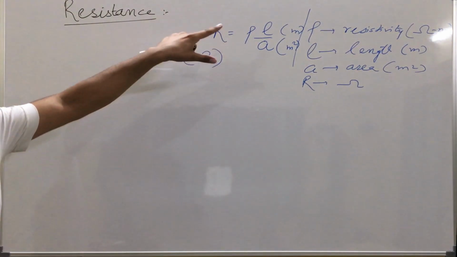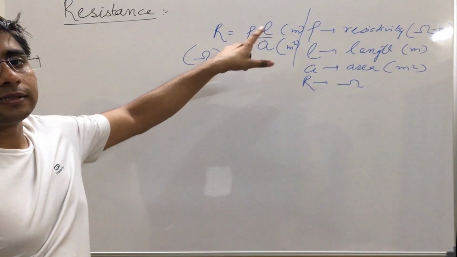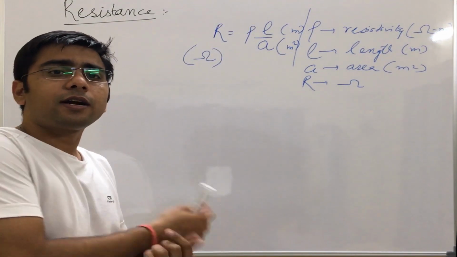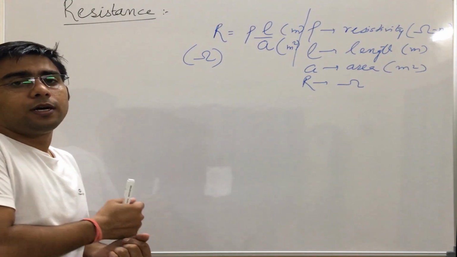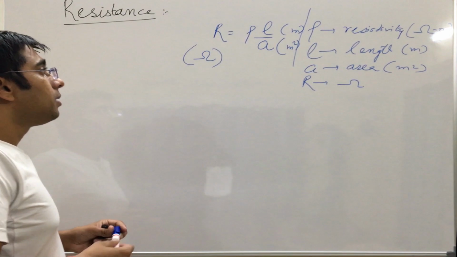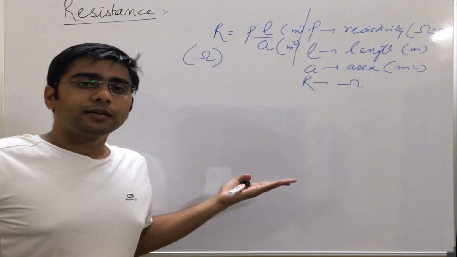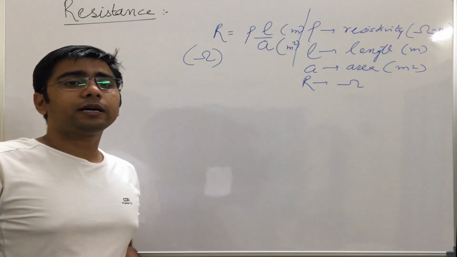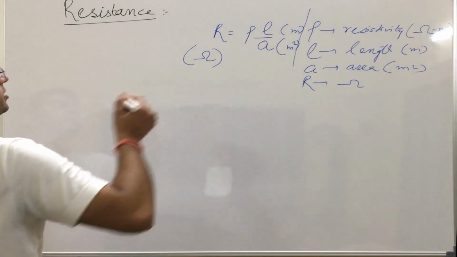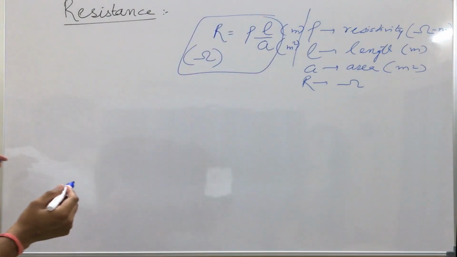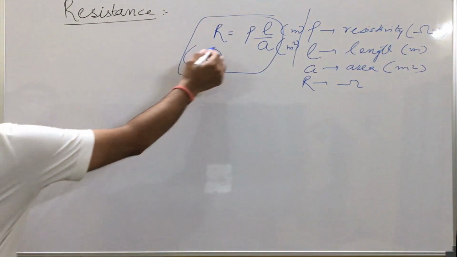This formula gives us the DC resistance, that is, the resistance of the conductor when we force a direct current through it, that is, the current does not vary with some frequency. But as we will see, whenever we pass an alternating current through a conductor, the resistance is a little bit different.